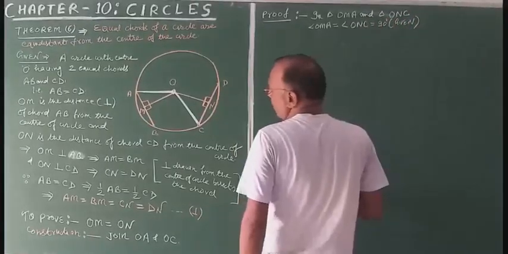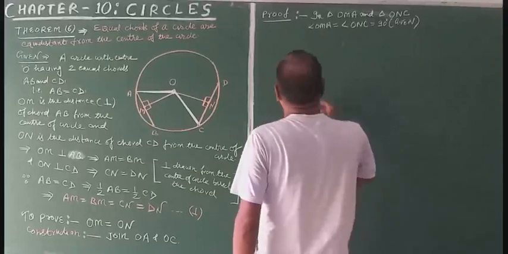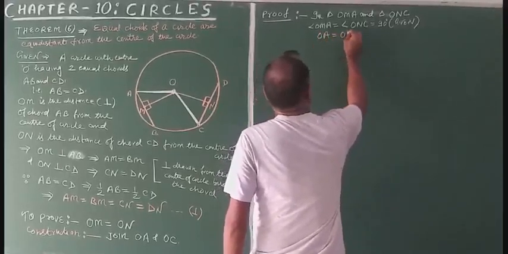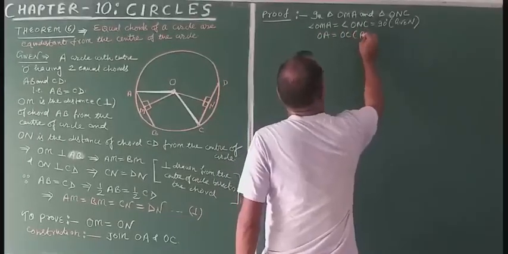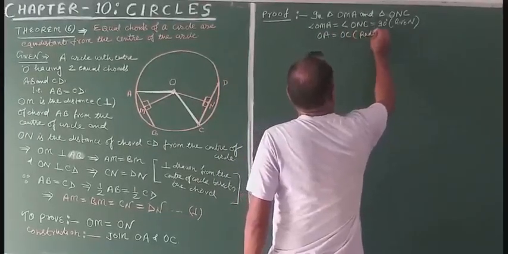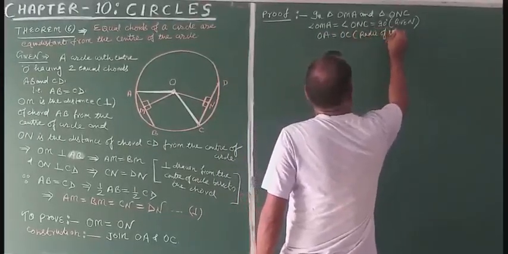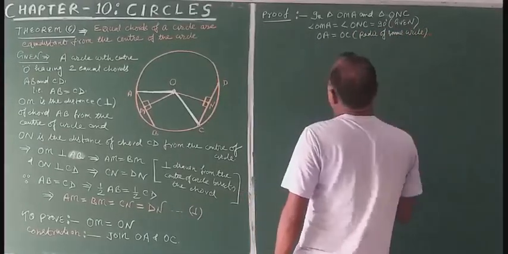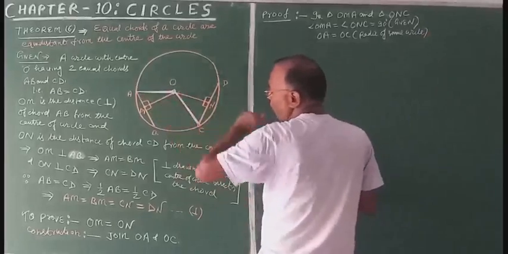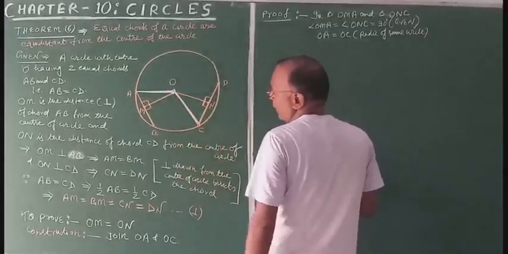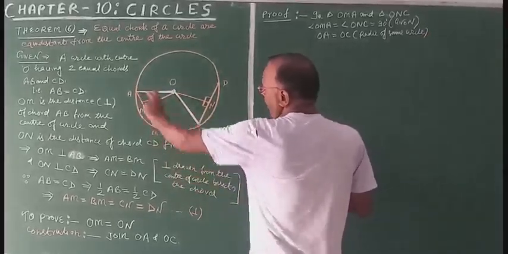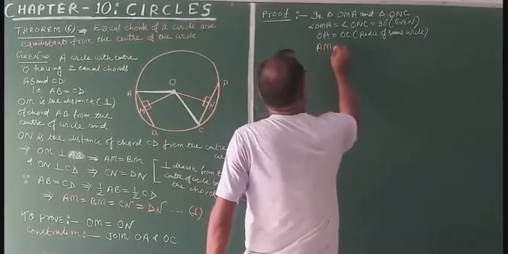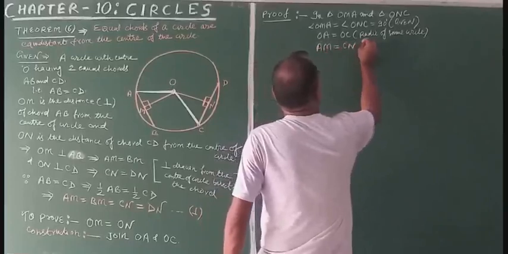Another thing, OA is equal to OC. They are radii of same circle. OA is equal to OC, the radii of same circle. And AM is equal to CN.